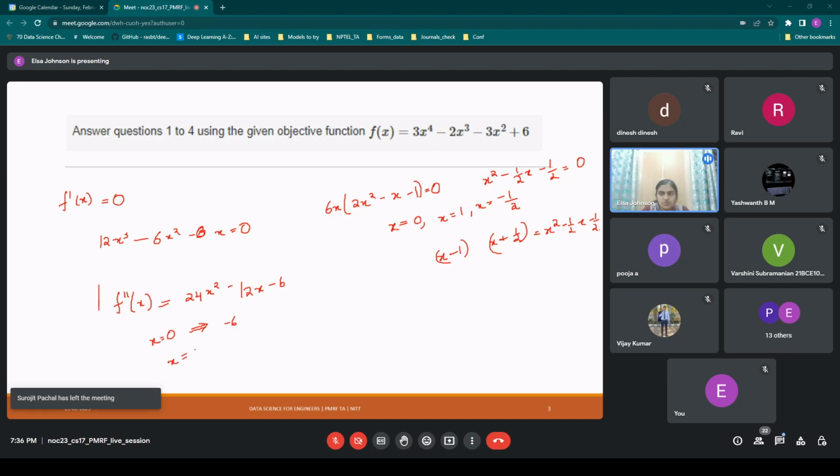So x equal to 1 will be coming like, how much will be coming? No, 6 will be coming, right? And x equal to minus 1 by 2 will give you 6 plus 6 minus 6. It will also be 6. Is this right?